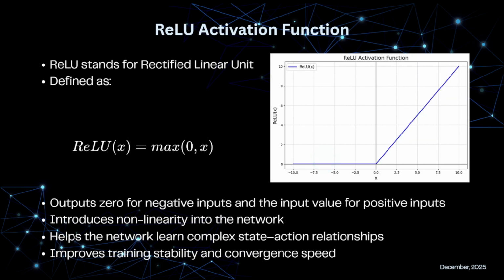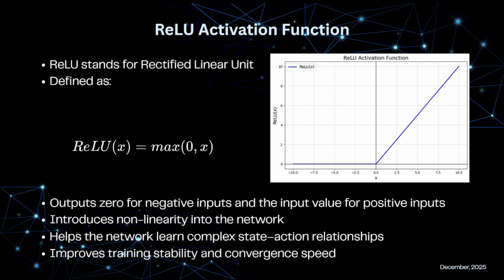Before going to the next part, I want to show you the ReLU activation function. ReLU, or the rectified linear unit, is defined as the maximum between 0 and the input value.